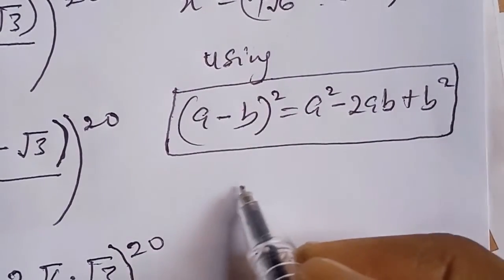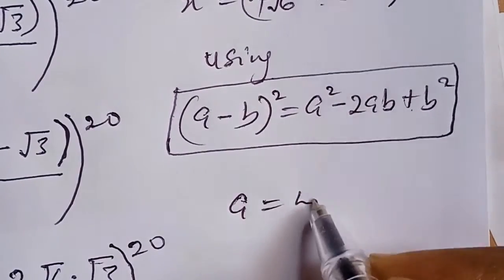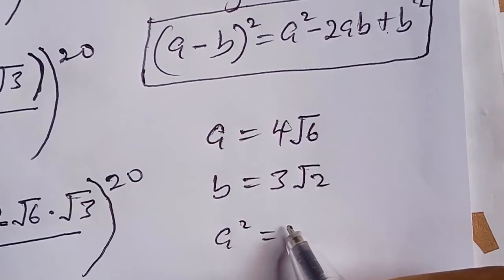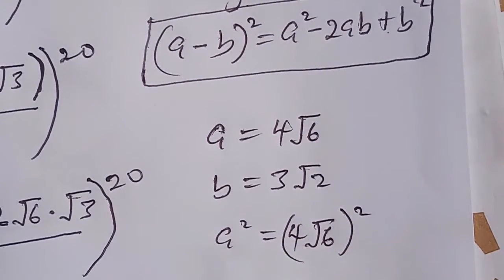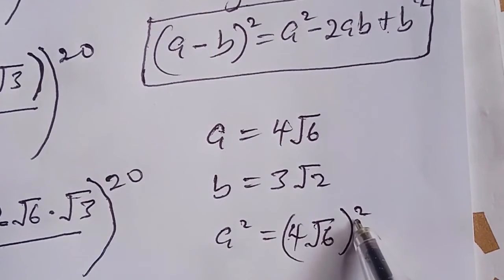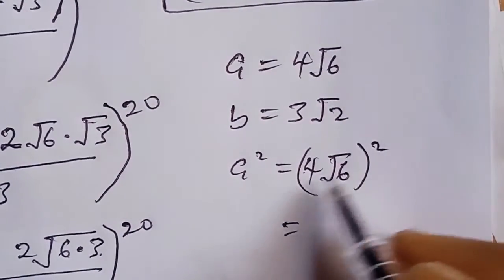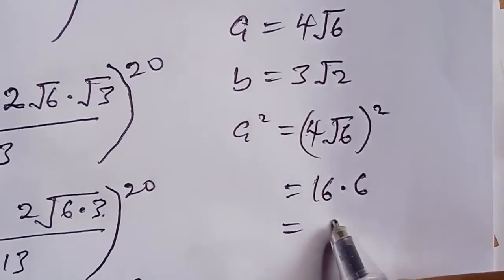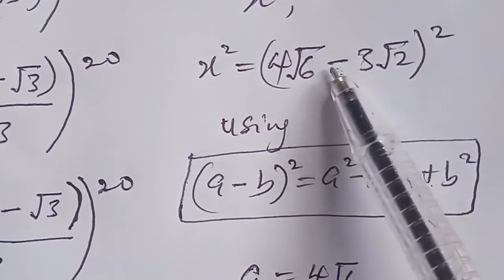So considering the expansion of this identity, a will be equal to 4 square root of 6, and b is equal to 3 square root of 2, such that a squared will be equal to 4 squared, then square root of 6 squared. 4 squared will give us 16 multiplied by square root of 6 squared, which will give us 6, and 16 multiplied by 6 is equal to 96, and that will give us a squared from the identity comparing x squared.